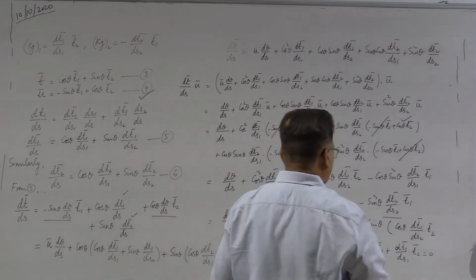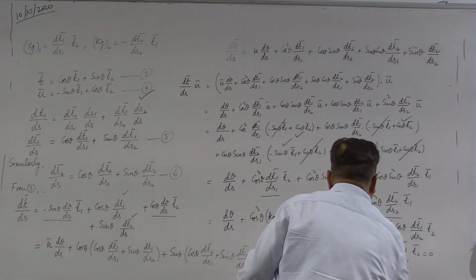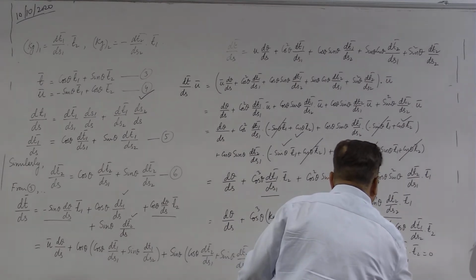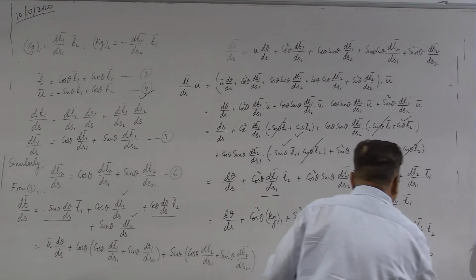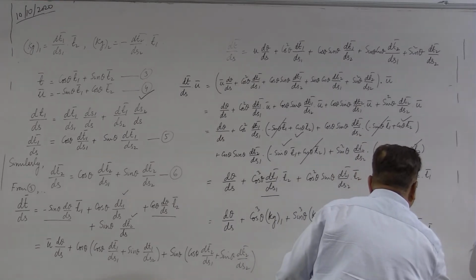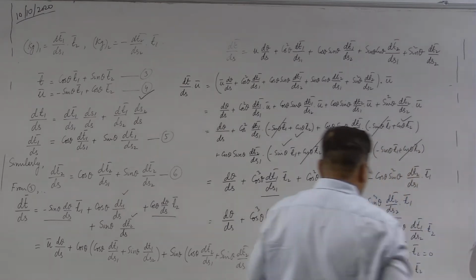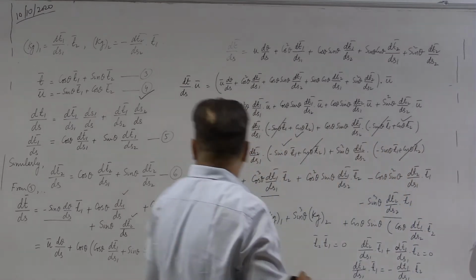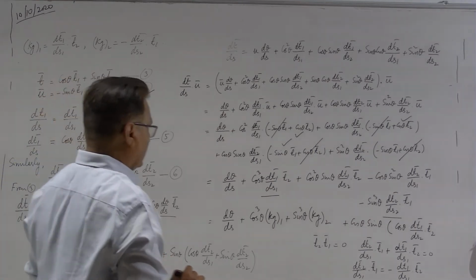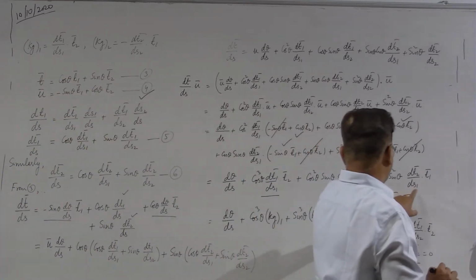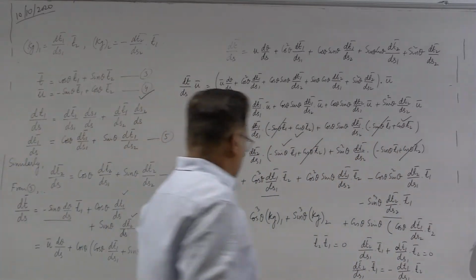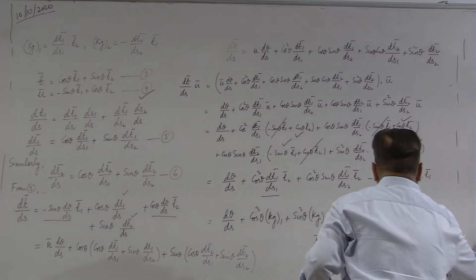This tells me that dT2 upon ds1 dot T1 is actually minus dT1 upon ds1 dot T2, and dT1 upon ds1 dot T1 is kg1. So this term will become kg1. Okay. So, you rub it off.